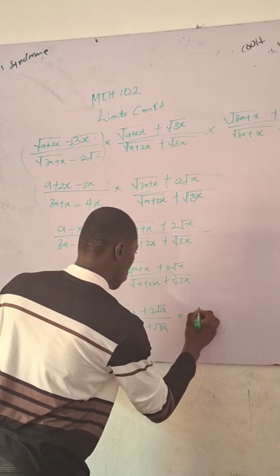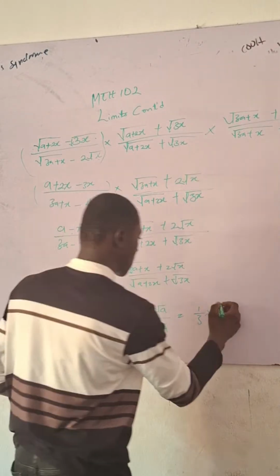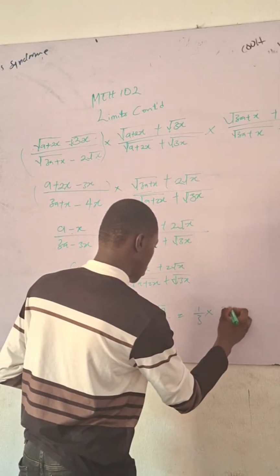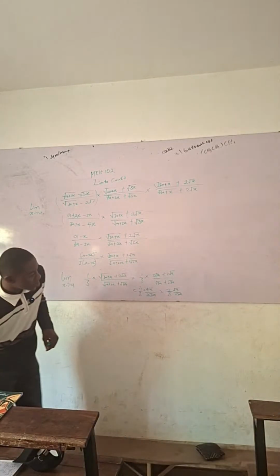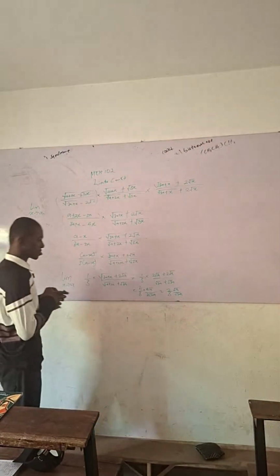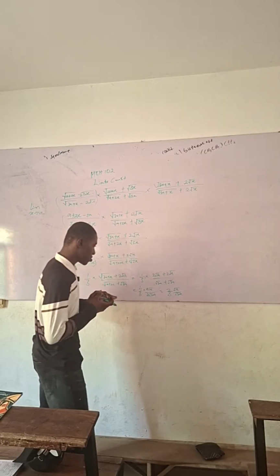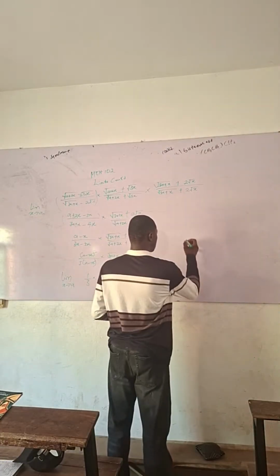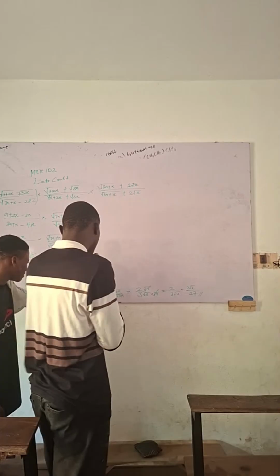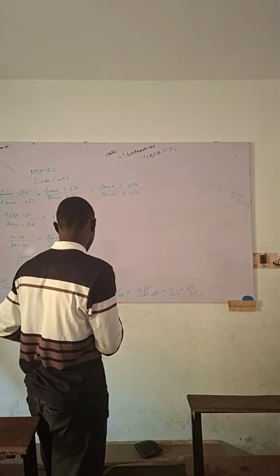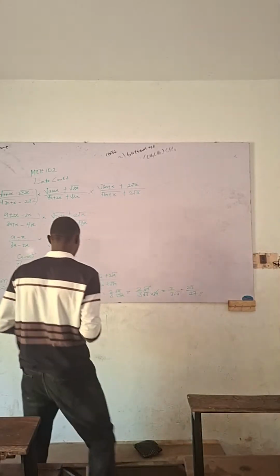So from here, I have 1 over 3 times, this is 4a, that's square root of 4, that's 2 root a, plus 2 root a. Is this our final answer? No, you can rationalize. So this would be 2 plus 2 is 4 now. It's 2 root a. You get? Okay.